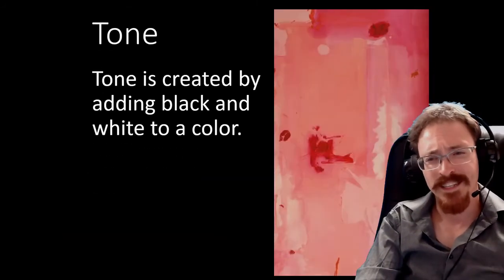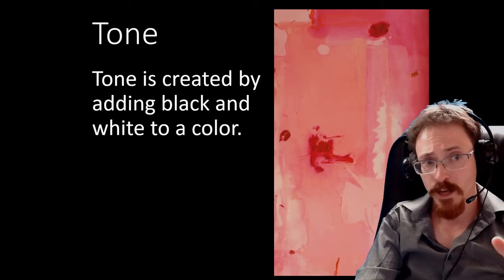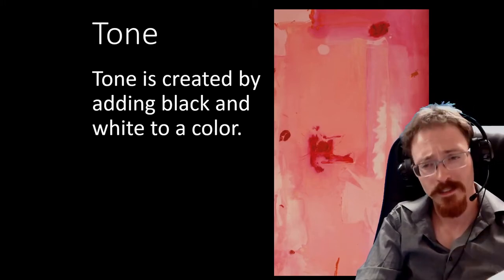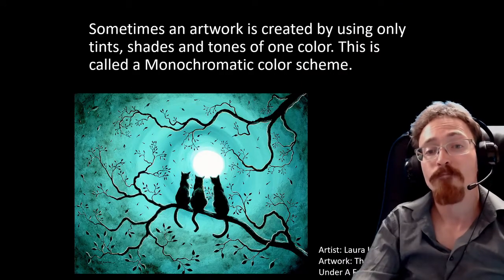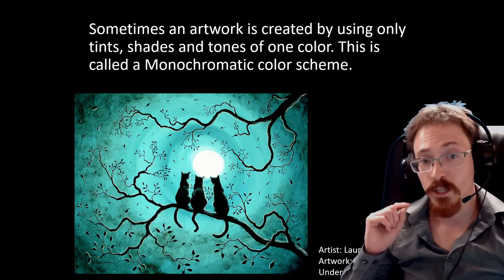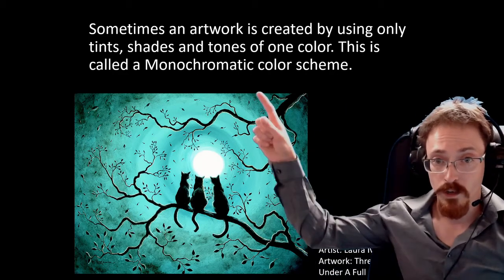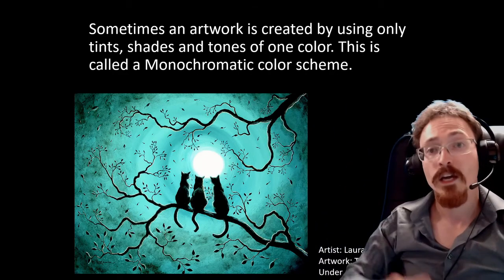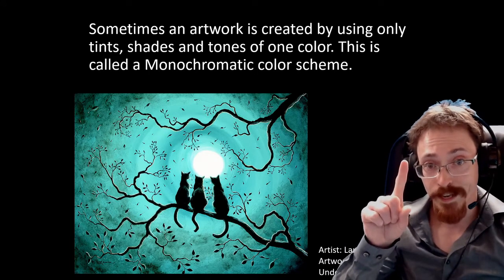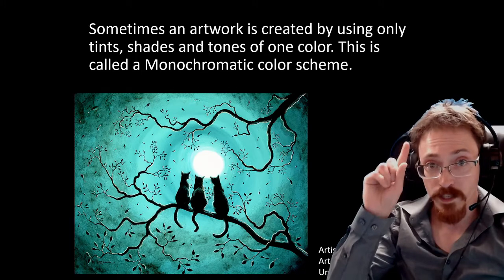We won't be getting into these much in this class. I cover more art theory and color theory in Art 4. But for my Art 3 class, this is something that we do typically cover, and this is called a monochromatic color scheme. Monochromatic means mono, which is one, and chromatic, which is color. So one color.